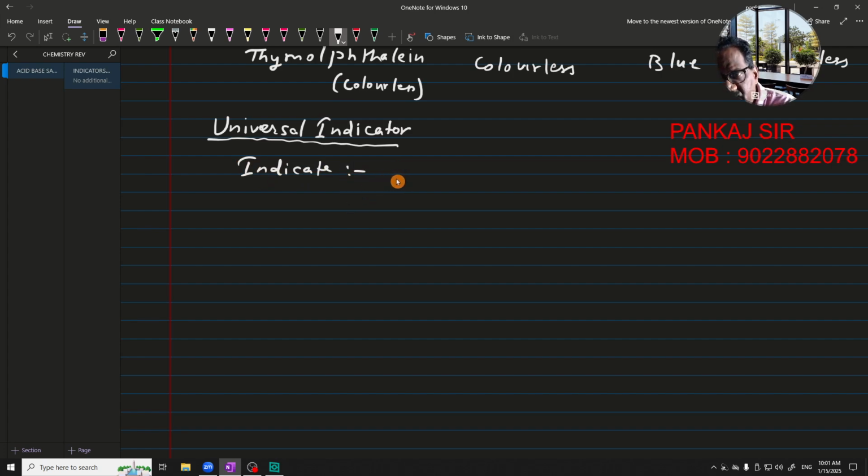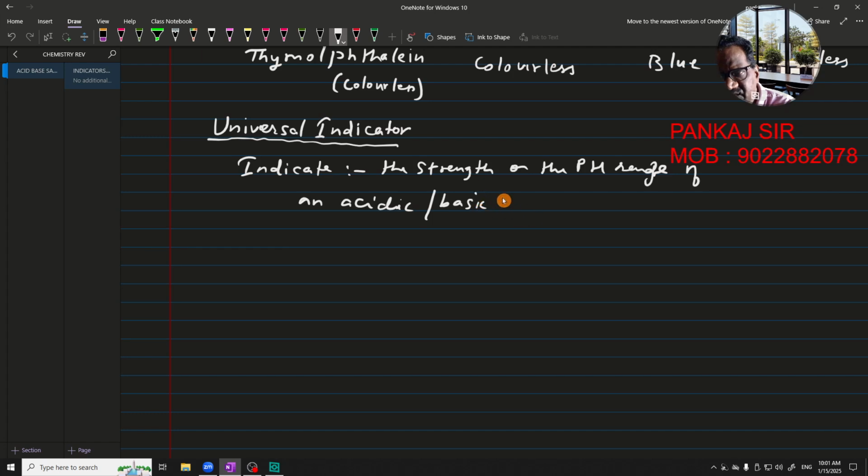Because they are telling you the pH value, they will indicate the strength, or the pH range, if not exact, of an acidic or a basic solution.